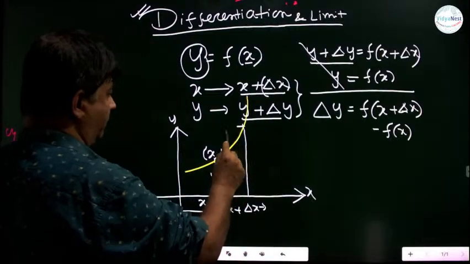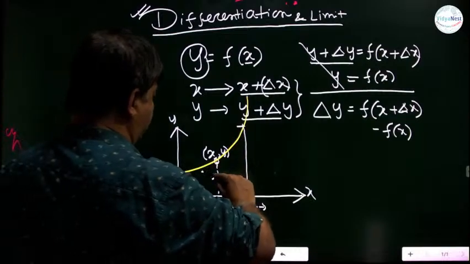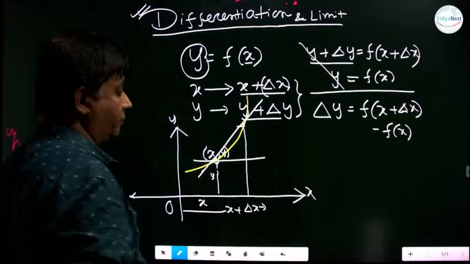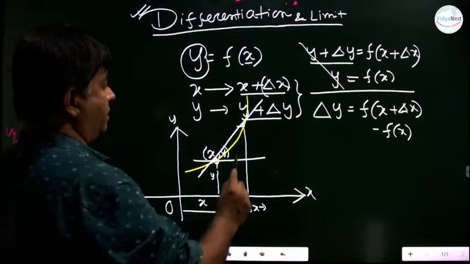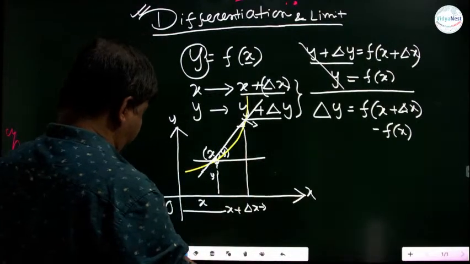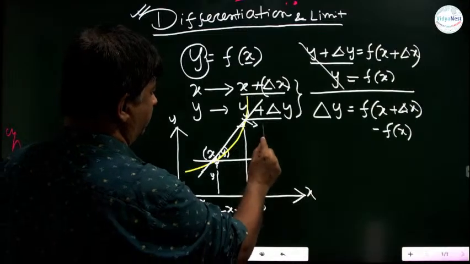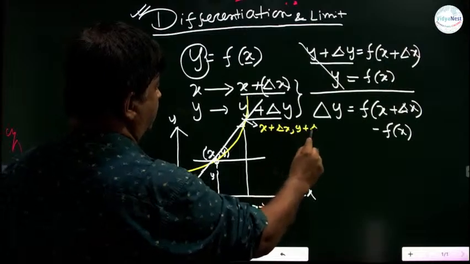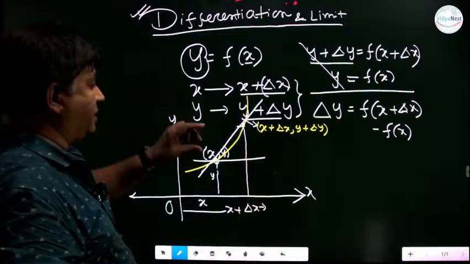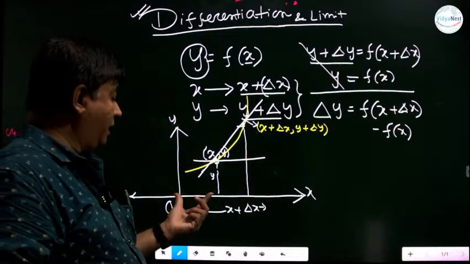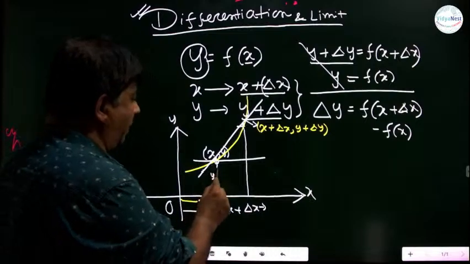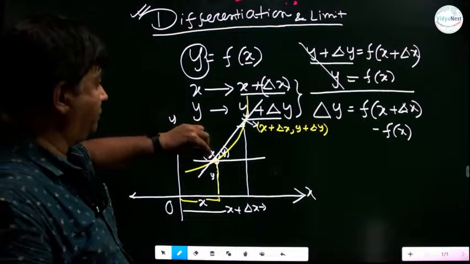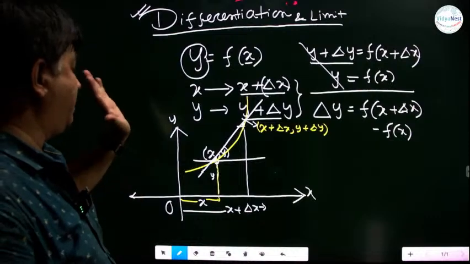Now, you do one thing. You join this. So, this point is what? This point's coordinate is now X plus delta X, Y plus delta Y. So, previously, if you consider X as income and Y as expenditure, this was the preliminary position of the relation between expenditure and income.